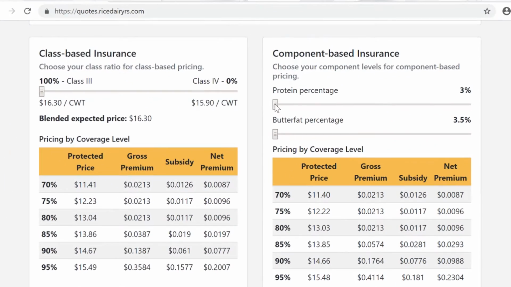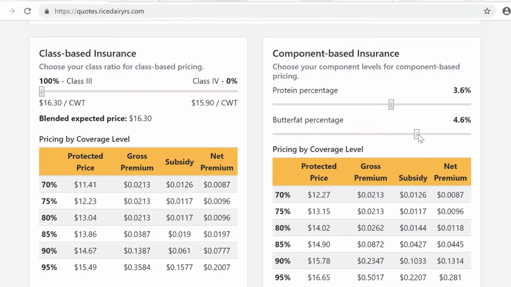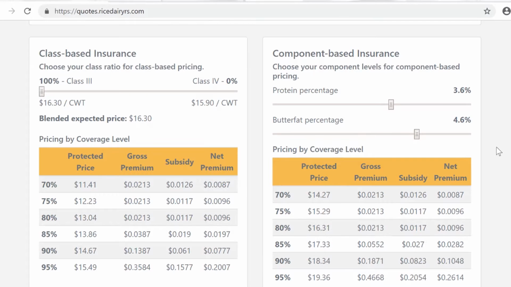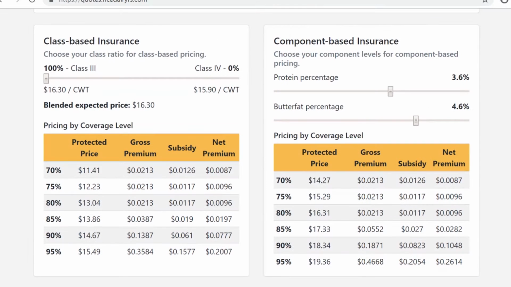So for example, if we crank up the components to say you're 3-6 and let's say 4-6, you can see when you compare the two that you're looking at 1936 and 1549 on 100% class 3 base.